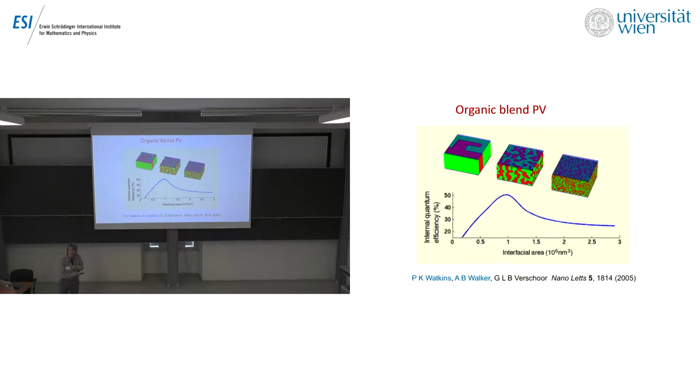They discovered those work better, but they didn't know why. And we showed that if you have a very coarse blend, then the excitons move through the material, but they don't get to an interface where they can dissociate, so they recombine. So you get a very low current.